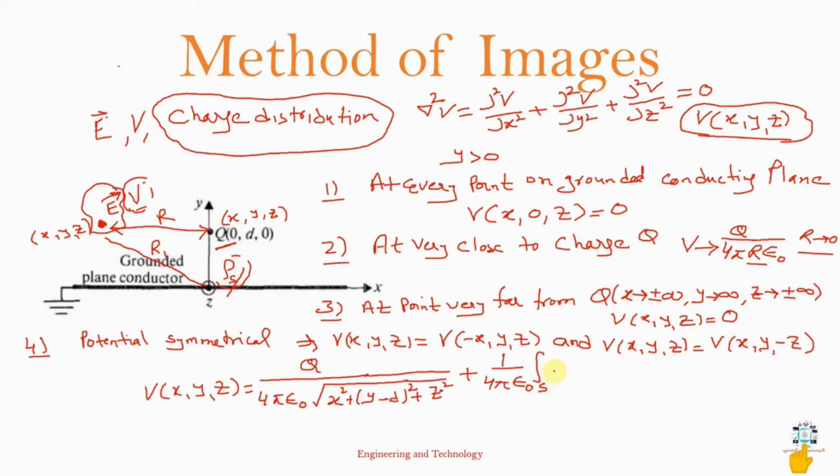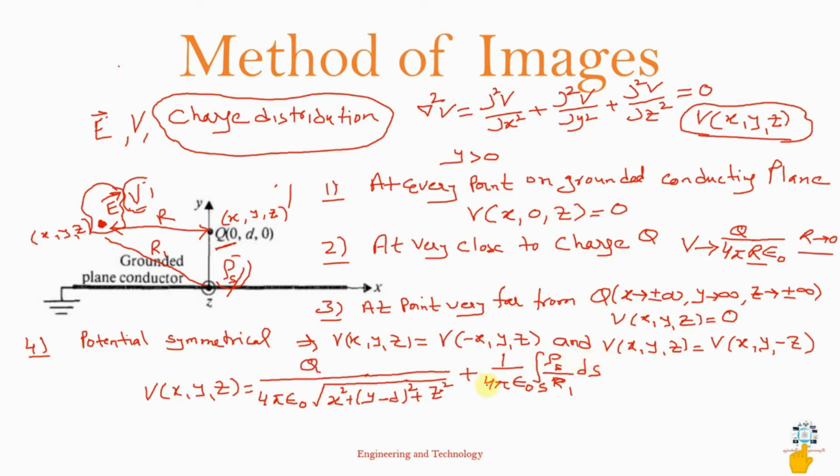So this is rho s divided by R1, where R1 is the distance from this point to the point where you need to find out the potential. Okay, a ds is also there.